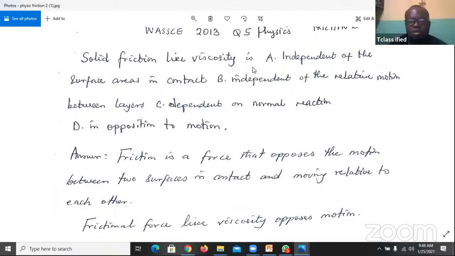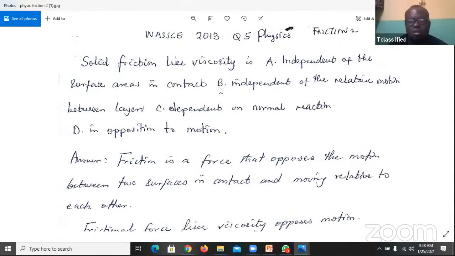Can this be true? Friction is always dependent on surface area, so you cannot say that friction is independent of surface area. So that makes A not even close. B, independent of the relative motion between the surfaces. No, friction is actually dependent on that. So A and B can never be the answer.